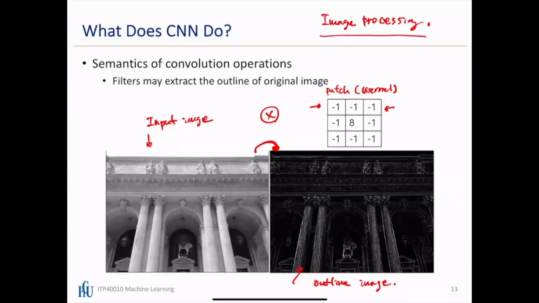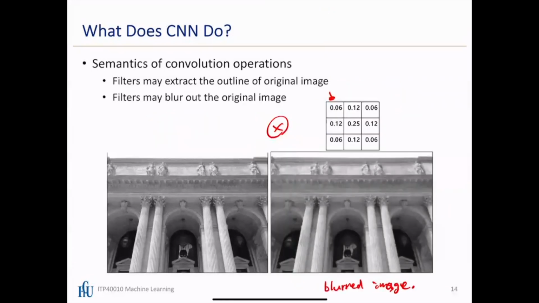Previously, the kernel was filled with negative ones and only one positive number in the middle. This kernel is filled with fractional numbers, but the largest is in the middle, the second largest is around it, and the smallest numbers are on the corners of the square.